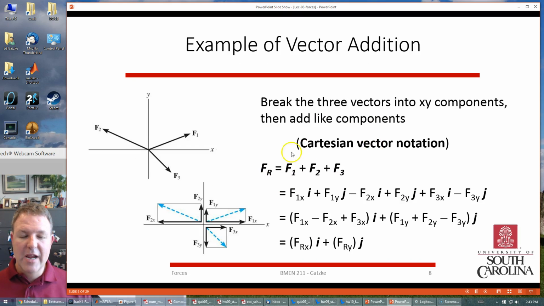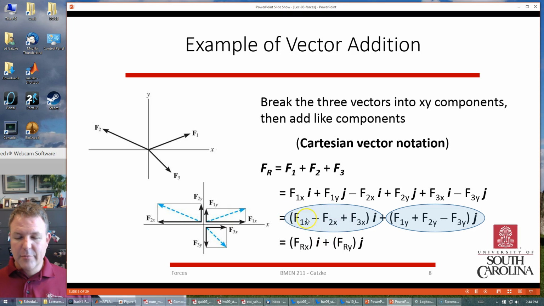So we have to break these three vectors down, F1, F2, F3, into F1x, F1y, F2x, which is negative, F2y, F3x, and F3y. And here I'm showing you F2x is a negative number. So F2x is a negative value in this negative direction. Here F3y is a negative value. So you sum these all up to get a value. For the x, the resultant is the sum of these three x components. The resultant y value is the sum of these y components.